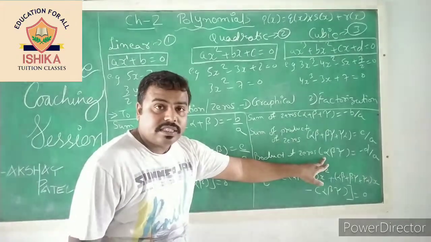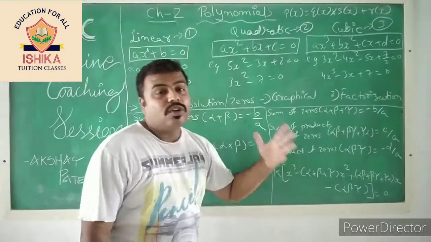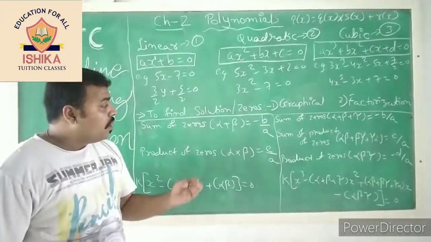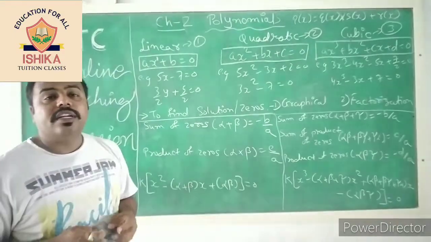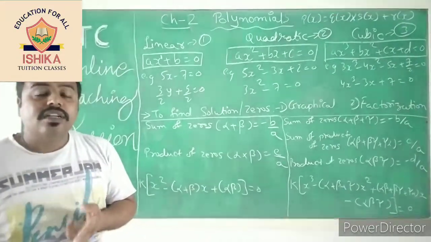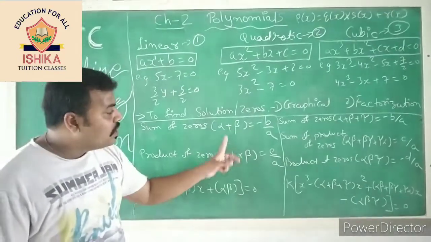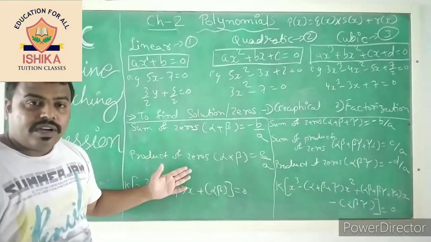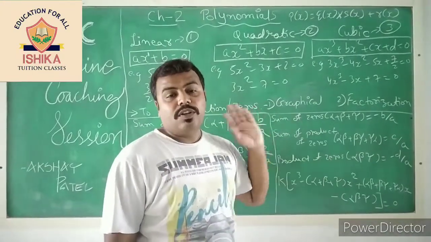Substituting the values of these 3 into this equation, we can get our cubic polynomial. Secondly, you will be given a polynomial and in the question it will be told that you have to find the zeros and verify the relation. Whenever it is said that you have to verify the relation, we will be using this shortcut formula. These formulas we will use for quadratic polynomial and this formula for cubic polynomial.